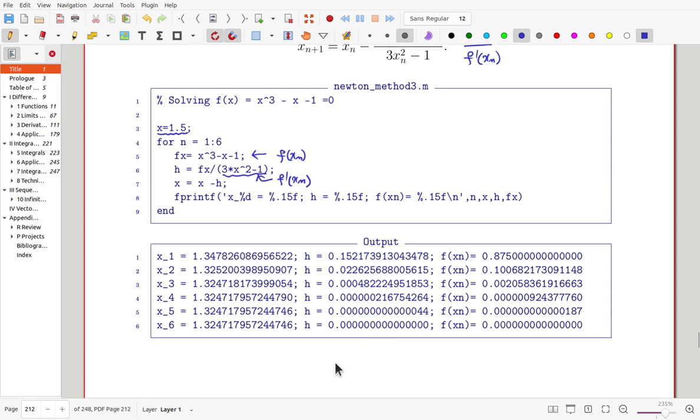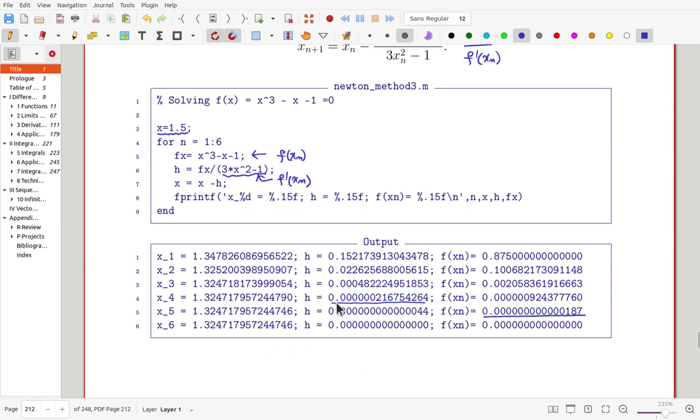Now that's x1 to x6, and here the correction values, and that is f of xn. For that updated one, for example x4, the correction is this one, and at the moment the f value is that one, because in the printout we are using all the values.